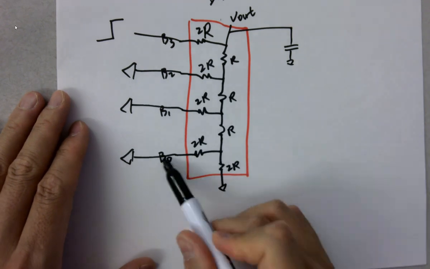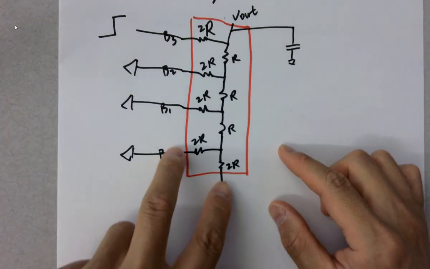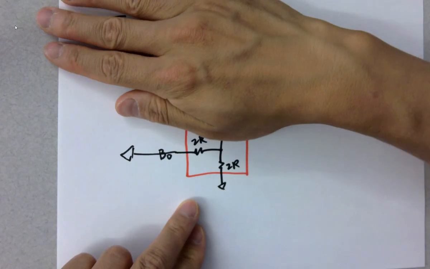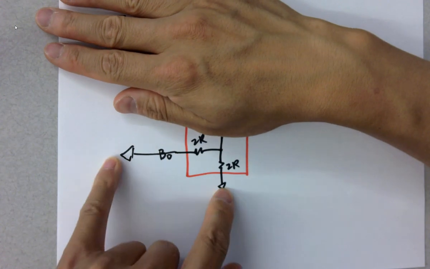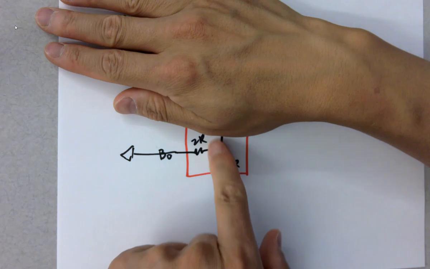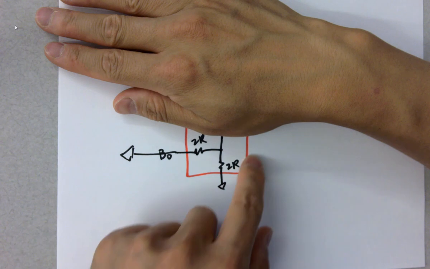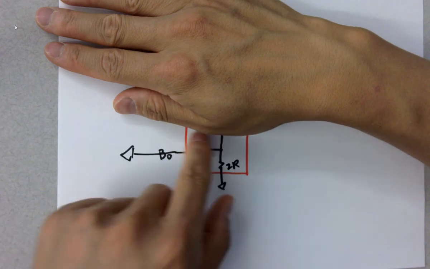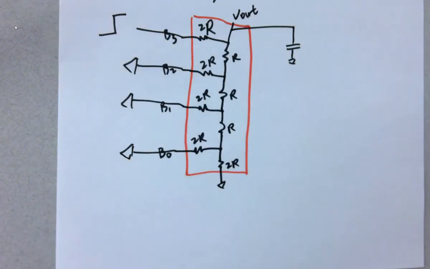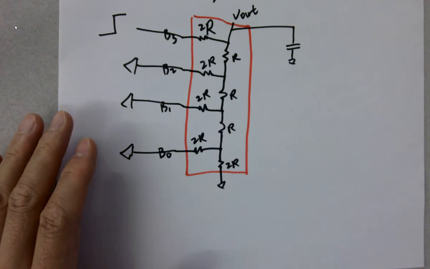Since I grounded all of these, if you just look at this part of the circuit, you have two grounds, and 2R in parallel with 2R. If you look downwards, what's the equivalent resistance of the whole thing here? We've got 2Rs in parallel. What's the equivalent resistance? 1R, right? Okay.